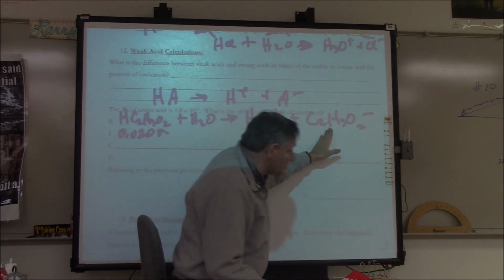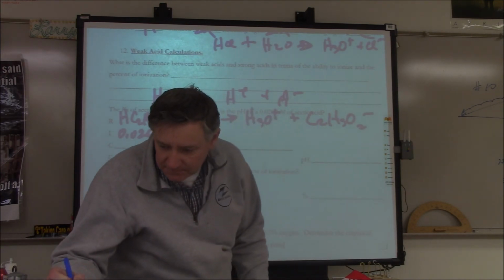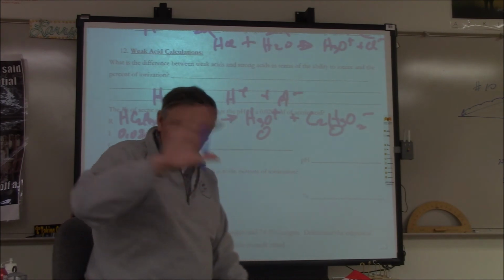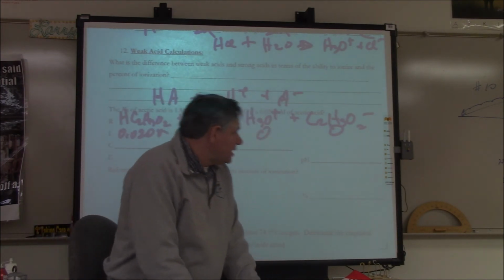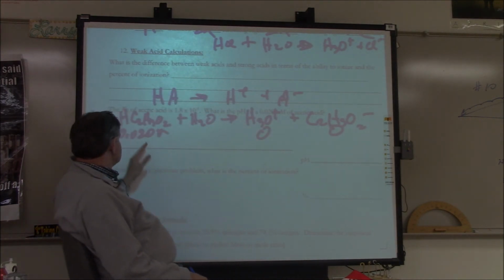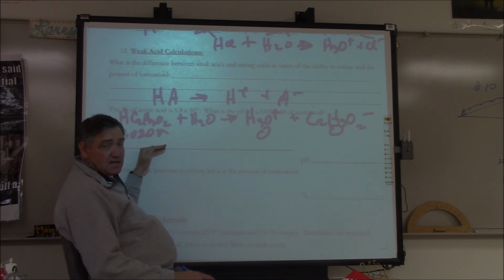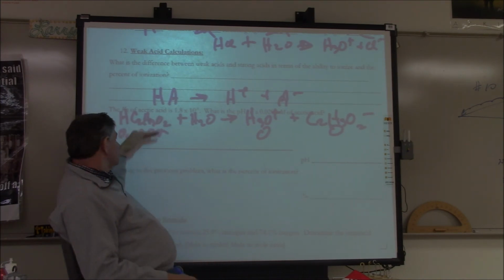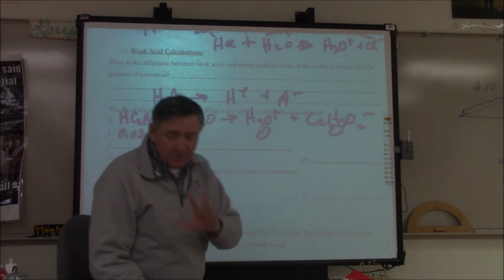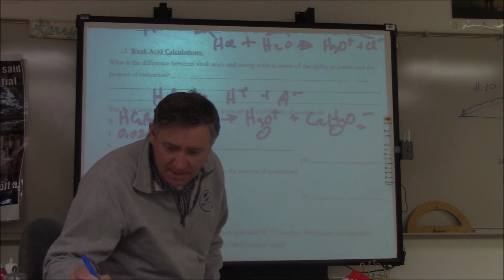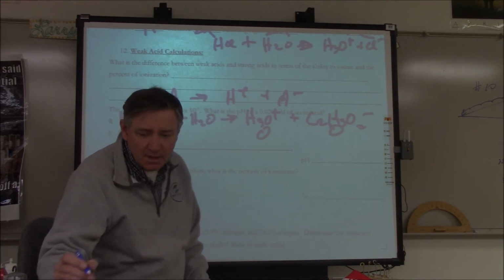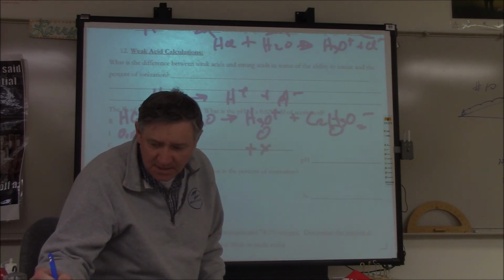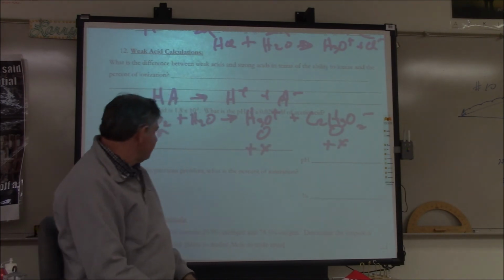So these are going to start off as 0. Okay? Boom. Those are going to start off as 0. So what's going to happen is that some of this is going to ionize. I don't know how much, but some of it is. So I'm going to go minus X. Okay? And then I'm going to go plus X, plus X.